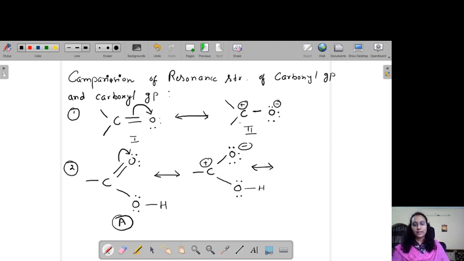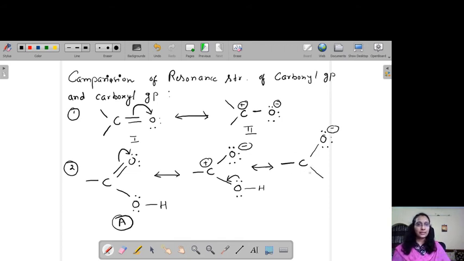Okay. How will there be shifting of bonds in this case now? Because of this oxygen. Okay. What will we get in turn? Carbon, single bond oxygen with a pair of electrons and a partial negative charge.